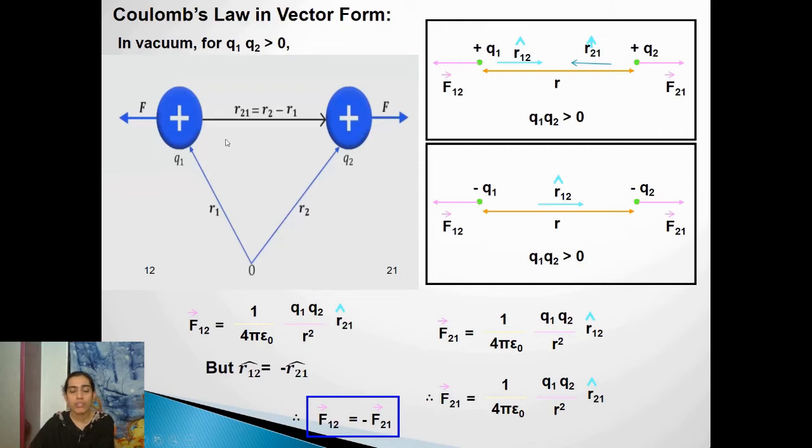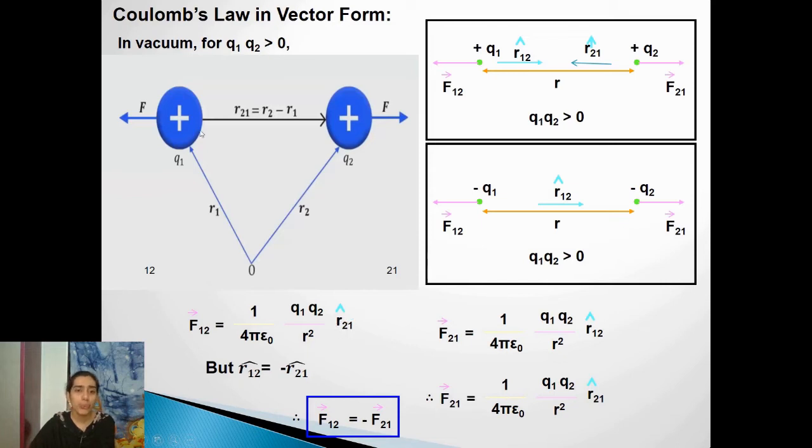Then the force which is experienced by point charge Q1 due to the second charge is given by this equation. F12 will be equal to 1 by 4 pi epsilon naught Q1 Q2 divided by R square R21 cap. Now what is this R21 cap here?